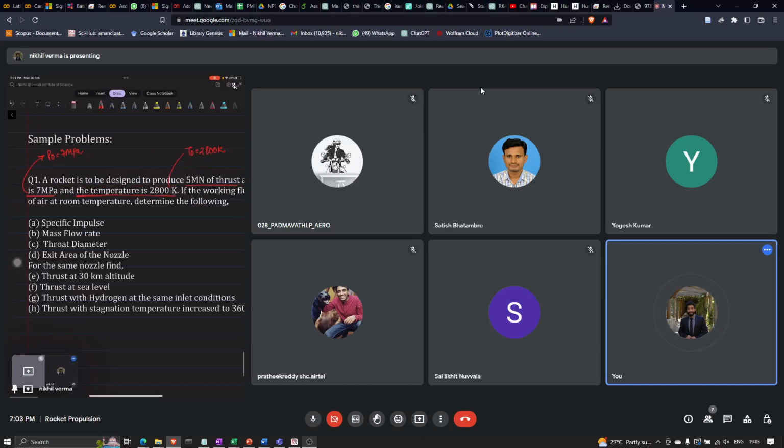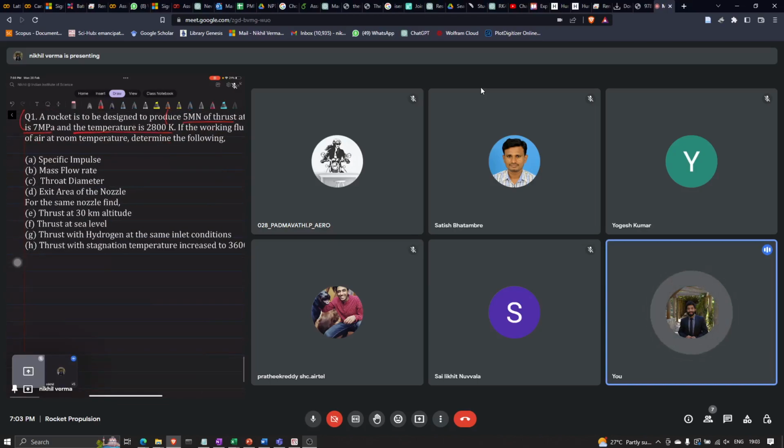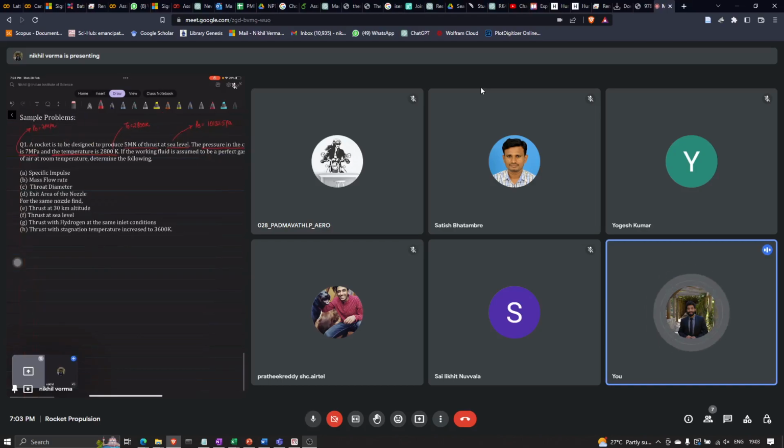Okay. So the first part is we have to calculate what is the specific impulse for the rocket. So how do we get that? Any idea?